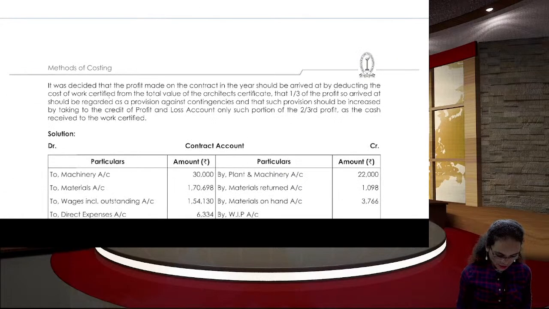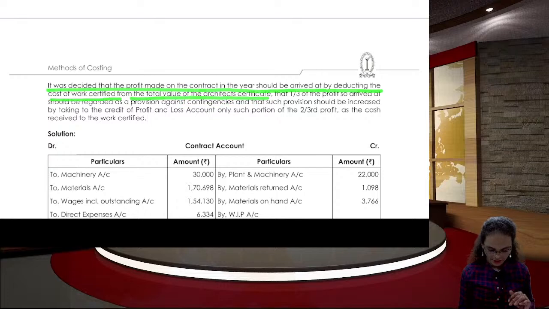Right. So it was decided that the profit made on the contract in the year should be arrived at by deducting the cost of work certified from the total value of the architect's certificate.